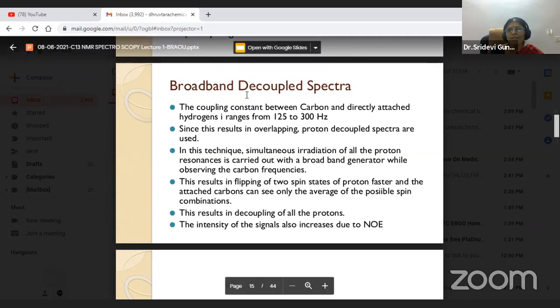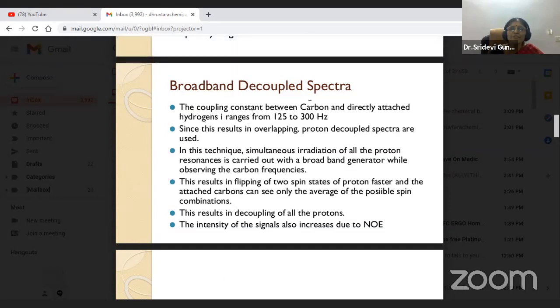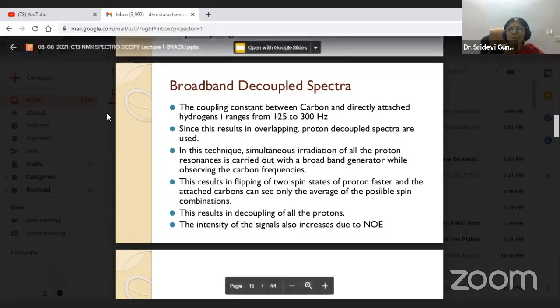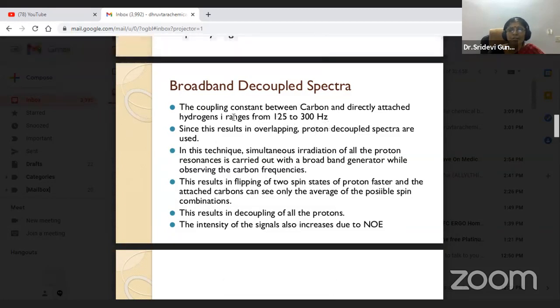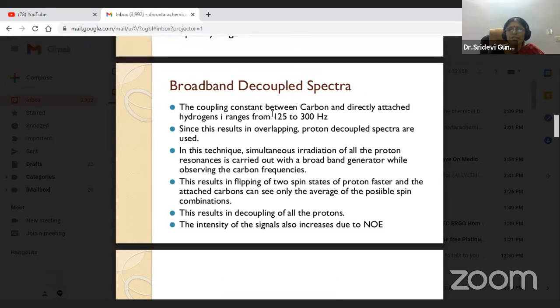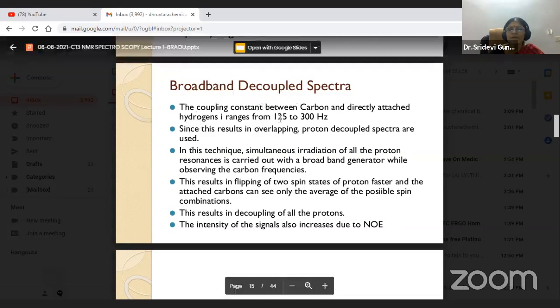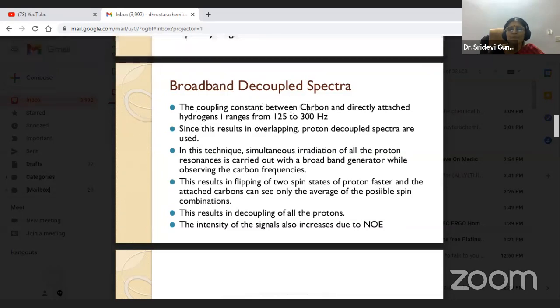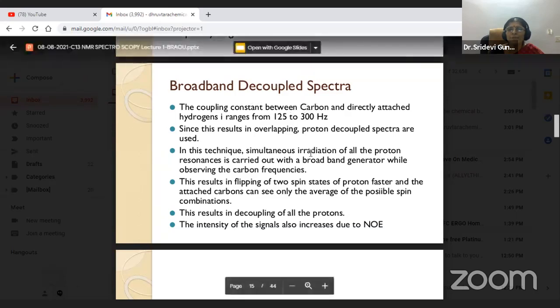You need to go back to your proton NMR spectrum here. How do you get a doublet? When one type of hydrogen is attached to another type of hydrogen, one set of hydrogens sees the other hydrogen in two spin states. One is the lower energy state, in line with the magnetic field, and the other is the higher energy state.